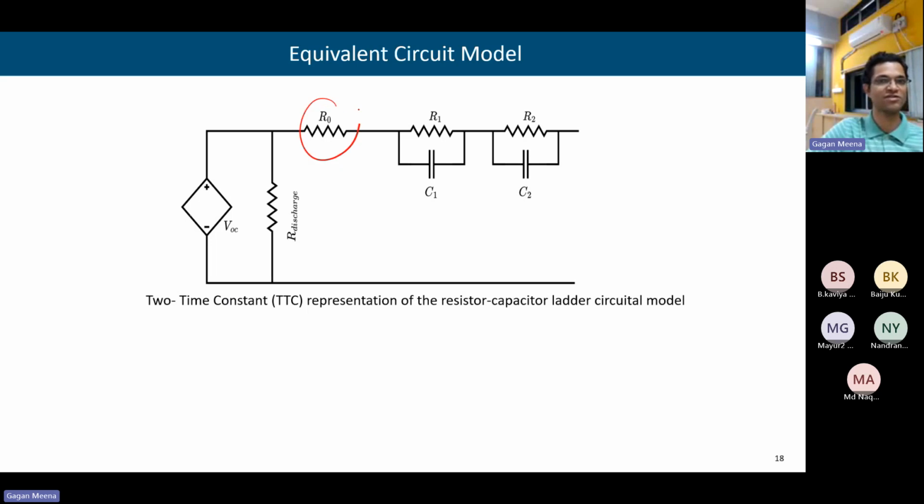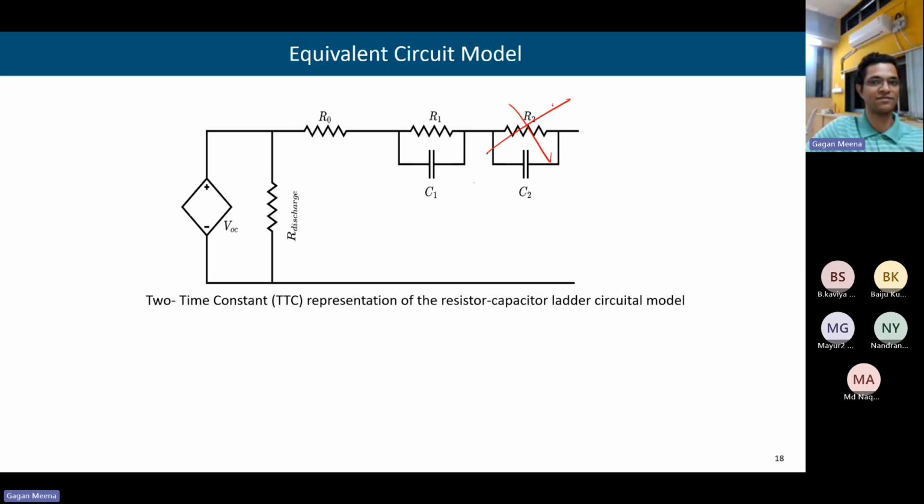And then in series we also have a series resistance and a number of RC branches. It's a two-time constant representation because we have only two energy storing elements here, two passive energy storage elements, two capacitors.